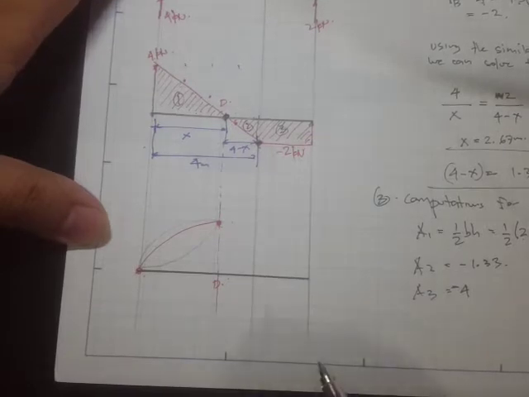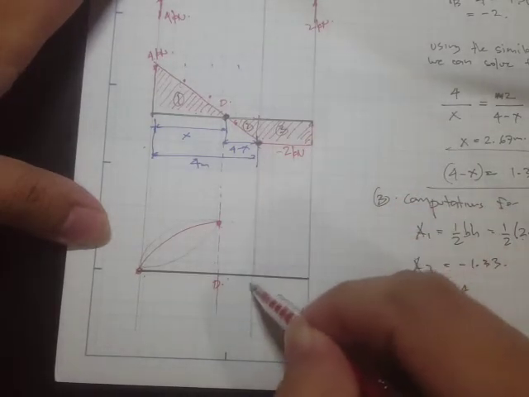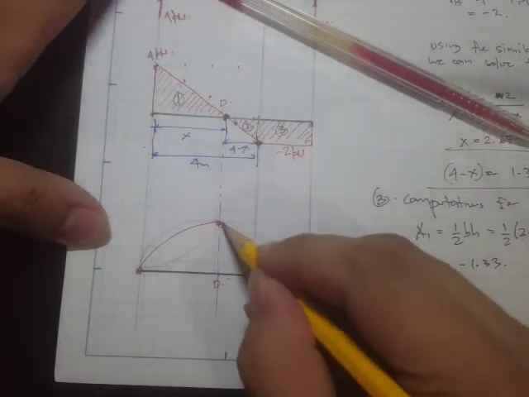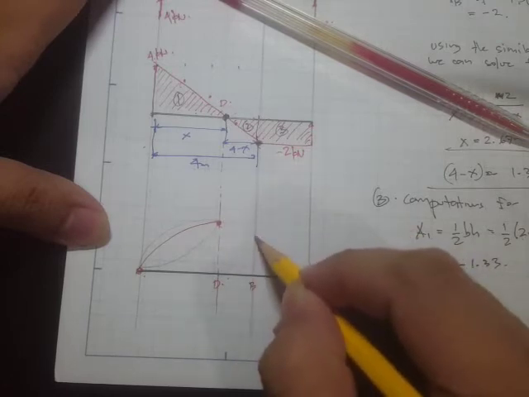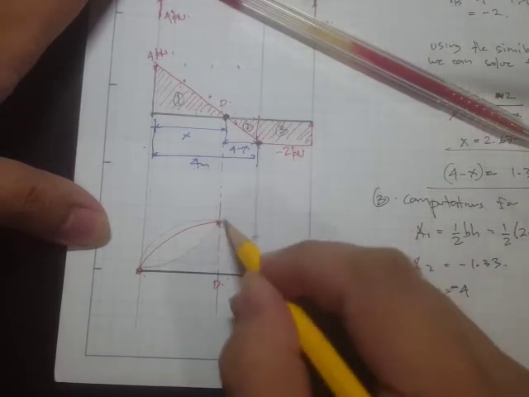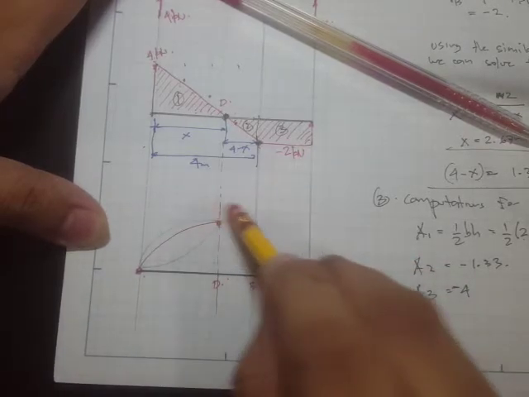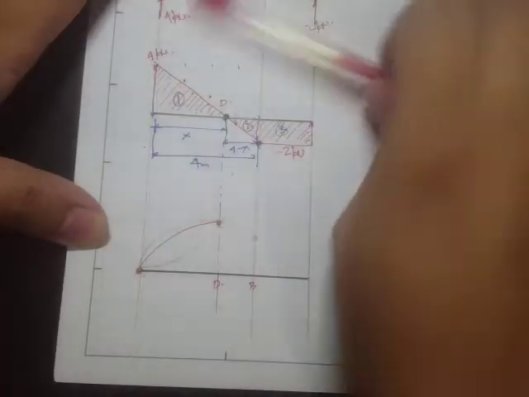And from point D to point B, since this is a negative slope, the curve must be either going this way or that way. So let's check.